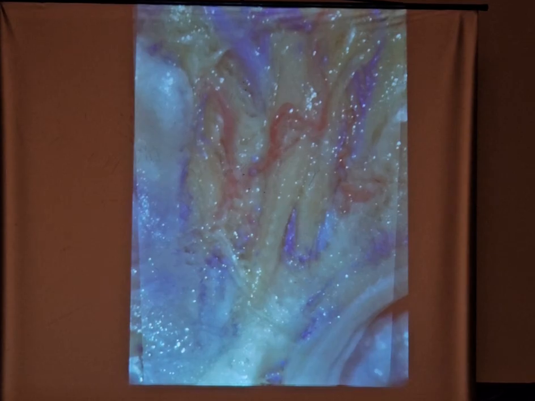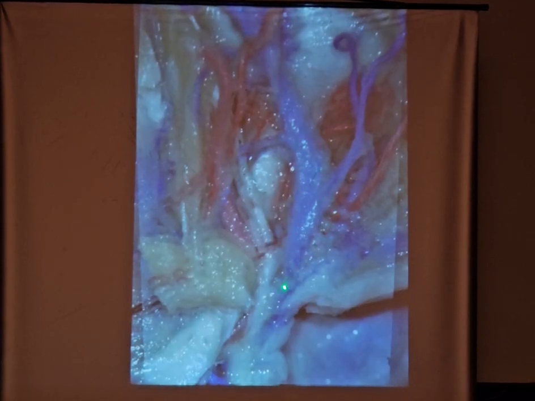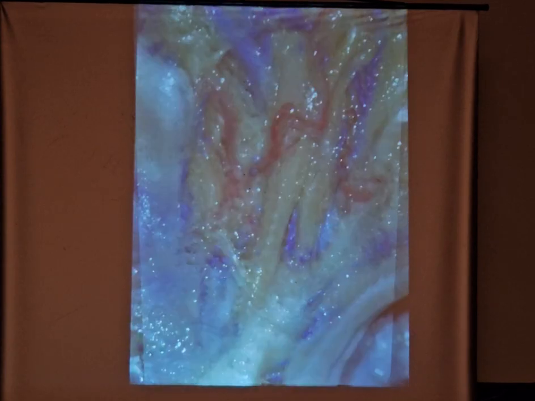It's important to consider that the vein you have seen here along the optic nerve is hidden by the muscles. So the vein is covered by the levator palpebrae and the superior oblique muscles.